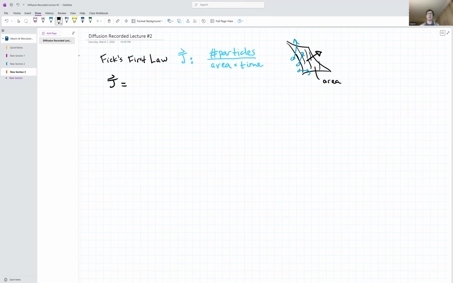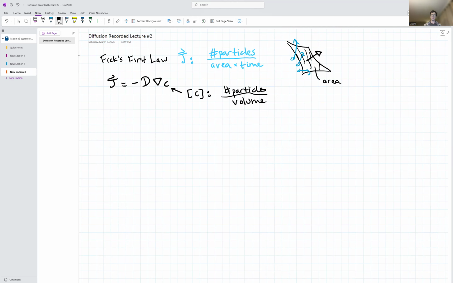The way to express that is in terms of the gradient, which is a three-dimensional version of a slope. It says that the diffusive flux is minus the diffusion coefficient times the gradient of the concentration, where the units of concentration here are just the number of particles per unit volume.